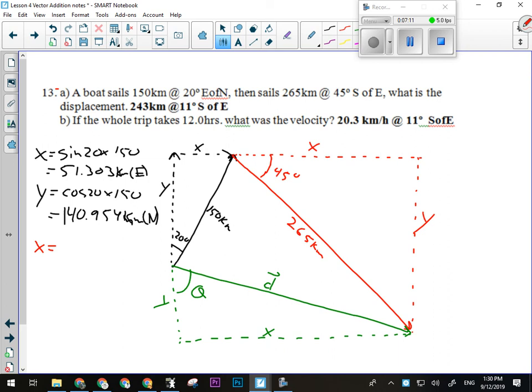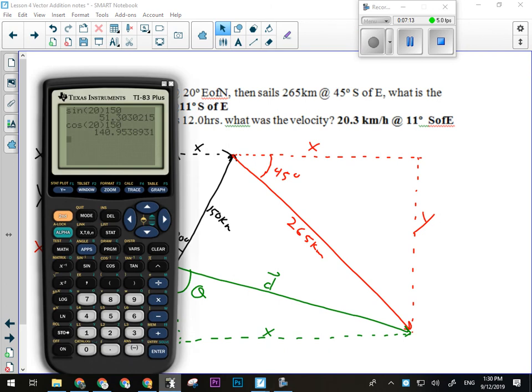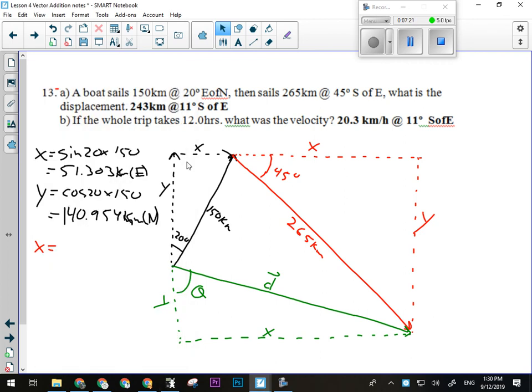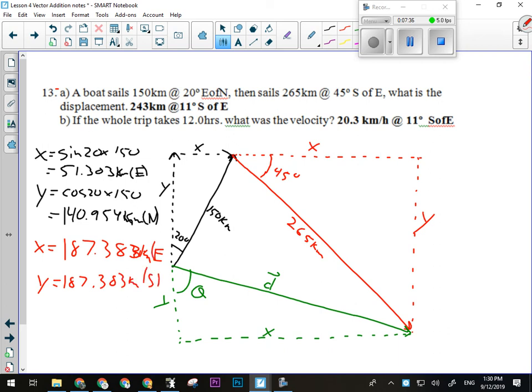All right, so x: cos of 45 times 265. We got 187.383 kilometers, and that one is east, and y is the same number, 187.383 kilometers, but it is south.